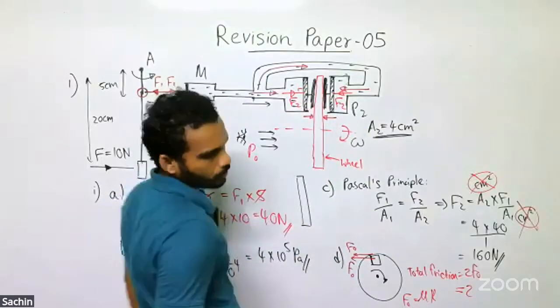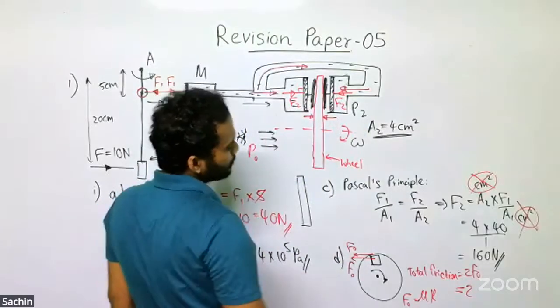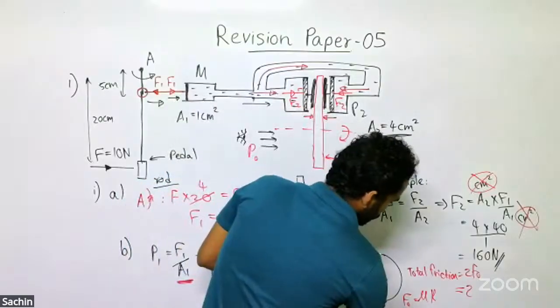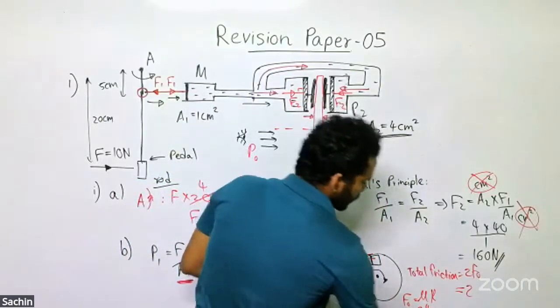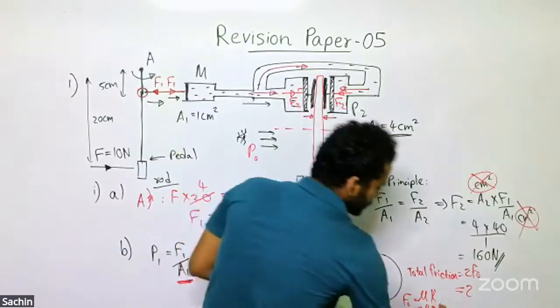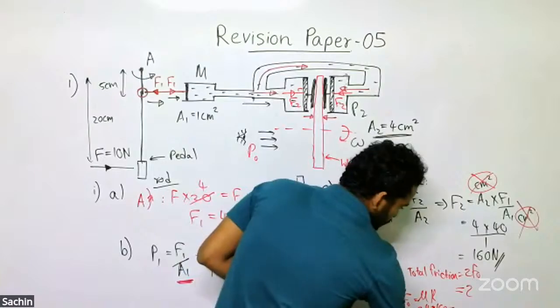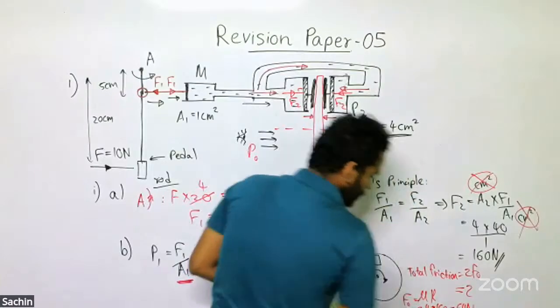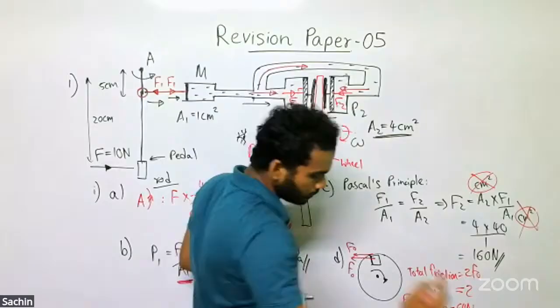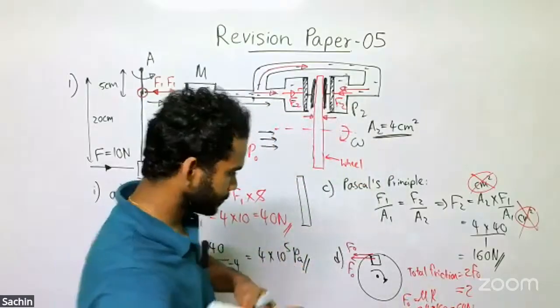It's nothing but this F2, isn't it? This F2 is the perpendicular force. So 0.4 into reaction, which is 160, gives 64 Newton. This is the friction force coming from a single side.